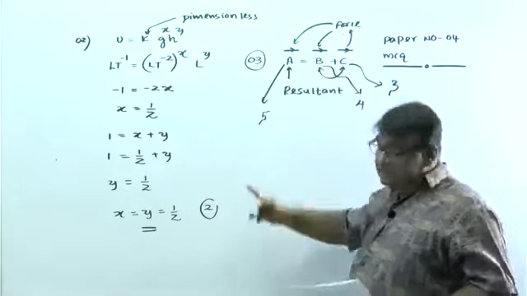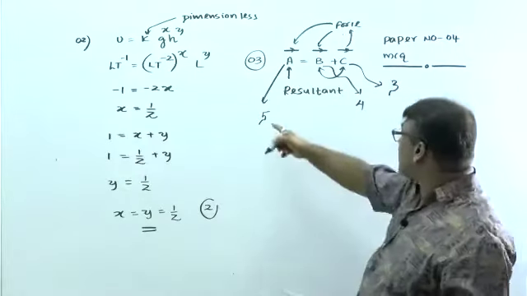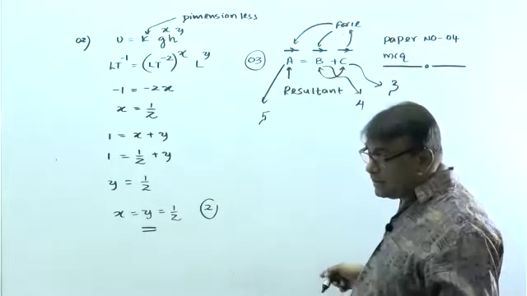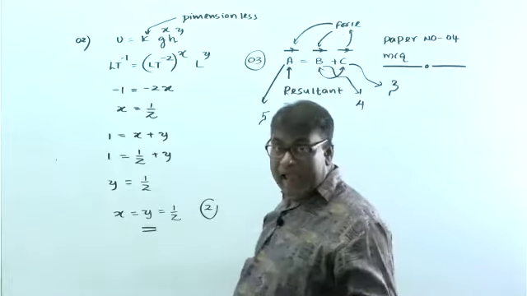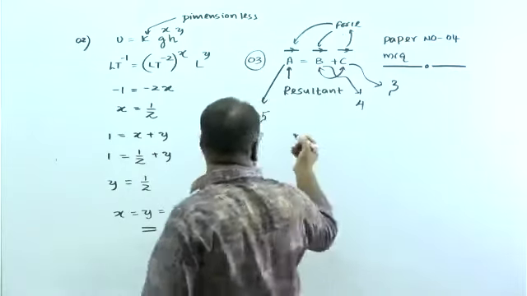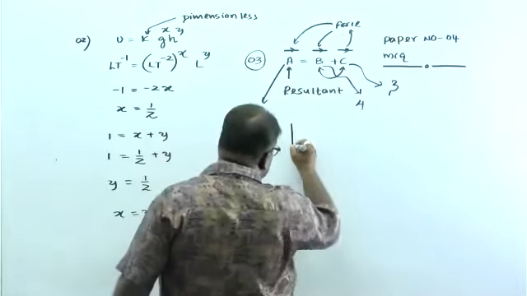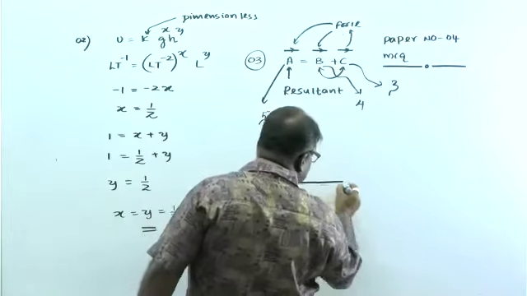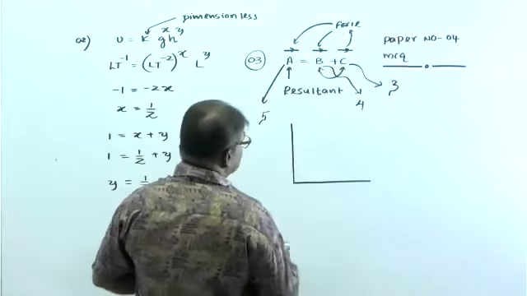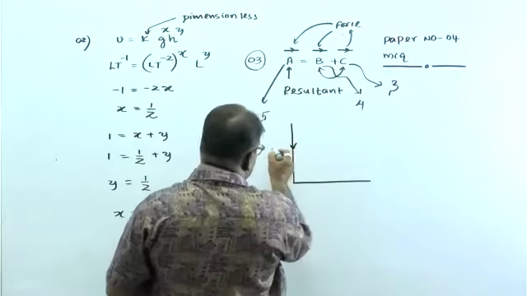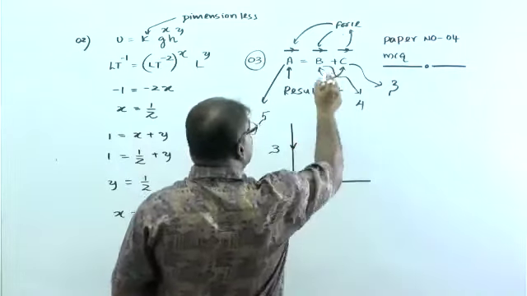This is the Pythagoras theorem, yes? 5 squared equals 4 squared plus 3 squared. Okay, then we have to consider such an arrangement. This one is 3, which is C.